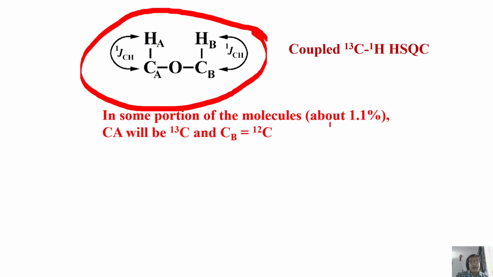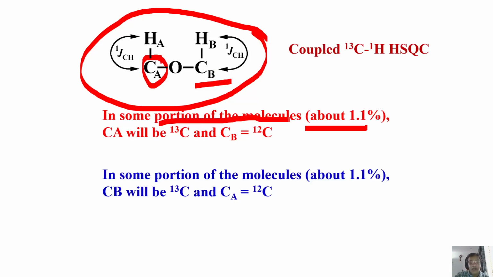In some portion of the molecule, let us say Ca will be in carbon 13 state. If Ca exists as carbon 13, then Cb will be carbon 12. Obviously, the joint probability of both of them existing as carbon 13 is very, very low. That we discussed already. In some of the molecules, that is one type of molecules we get. It is one type of isotopomers we call.